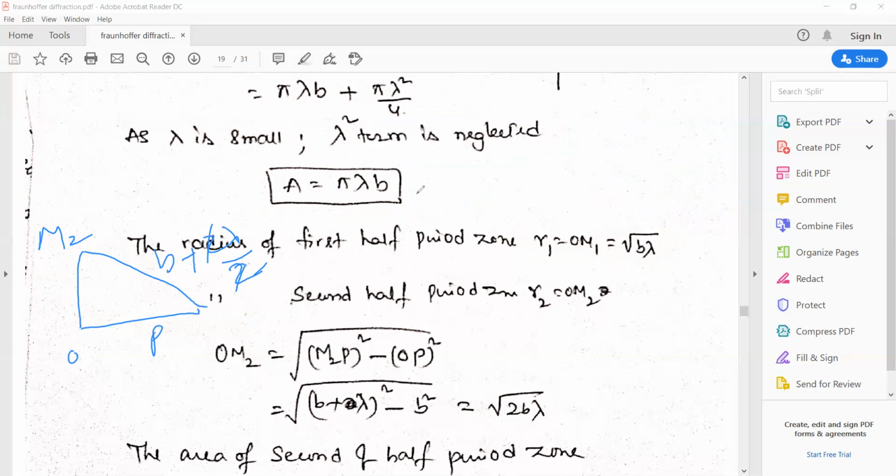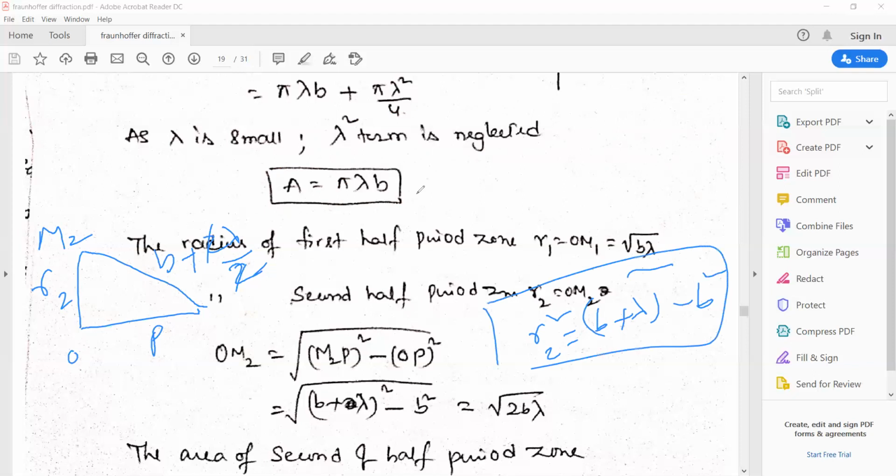So B plus lambda. I will use again, I want to find R2. So R2 square equal to hypotenuse square minus base square, that is B plus lambda whole square minus B square. So R2, if you expand that, you will get root 2b lambda. So this is the radius of the second half period zone.